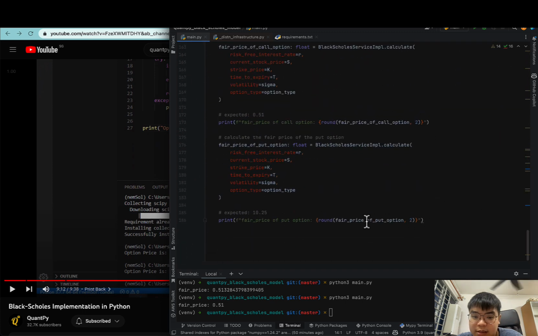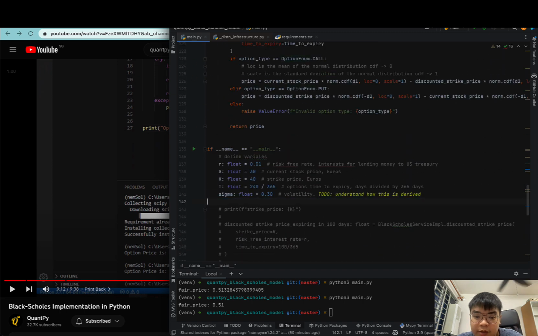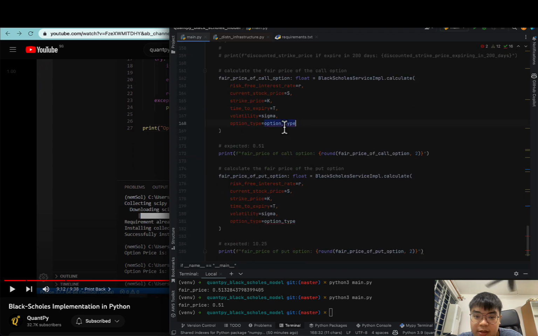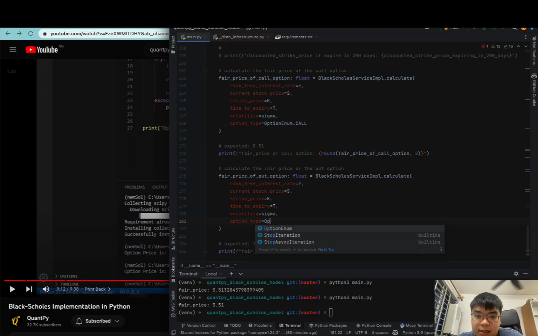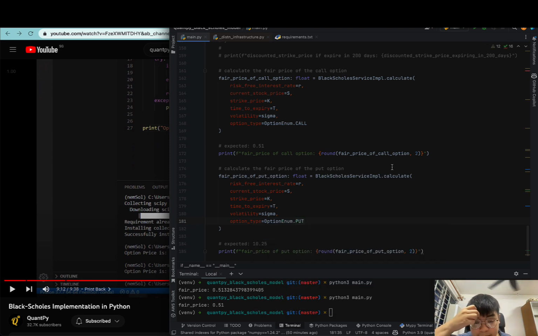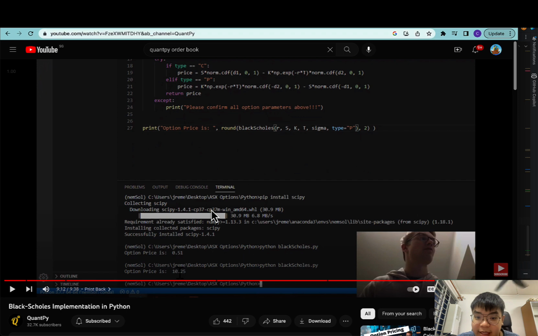Okay, let's print out this put option, but instead of defining the variable above, I'm just going to pass it where we call the method. So it's 10.25. Yes, we got it right. So very, very similar there.